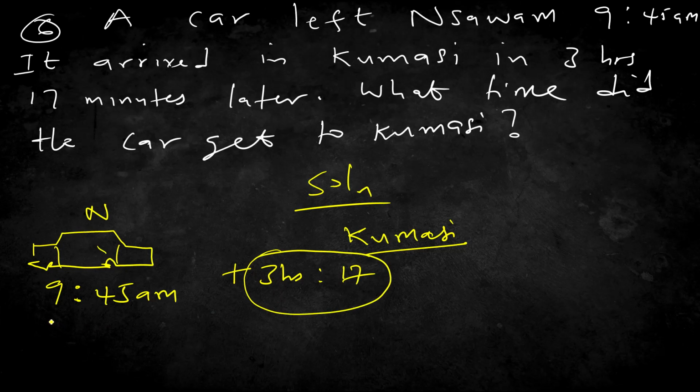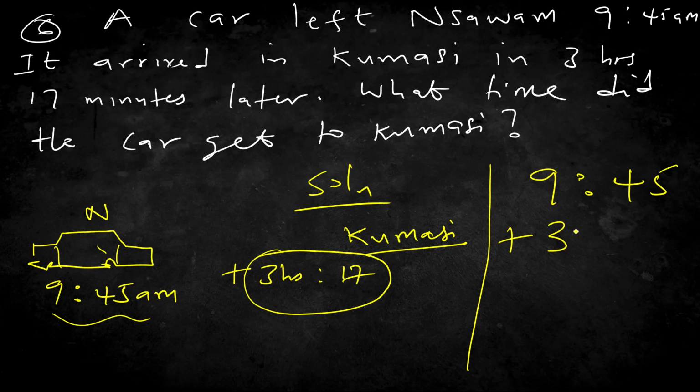So if we have to calculate the time that the car gets to Kumasi, we need to add 3 hours 17 minutes to the 9:45. So we have 9:45 plus 3 hours 17 minutes. When we add 15 minutes to this 45 minutes, it will be 1 hour.